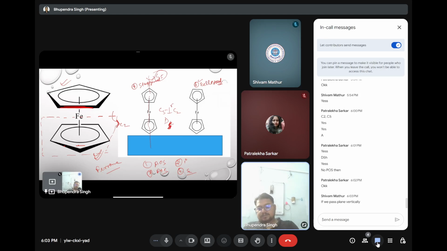Yes, it passes through the plane vertically. If you consider this plane, then the plane is present. So what will be the point group? Tell me now.